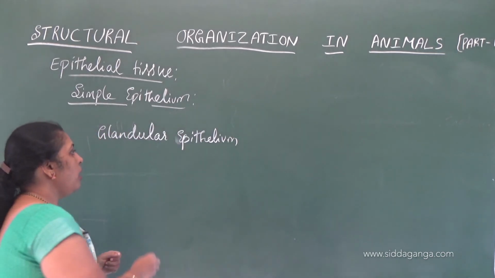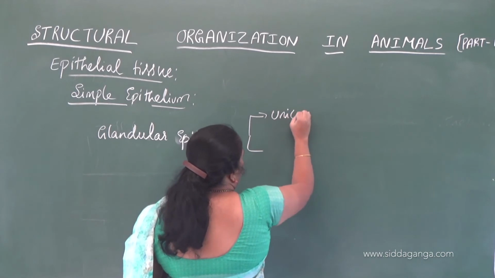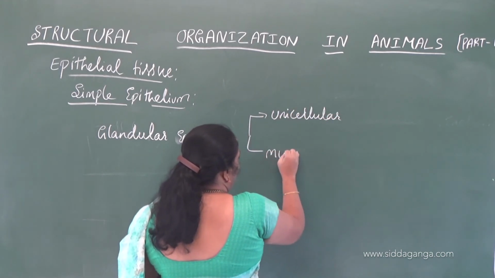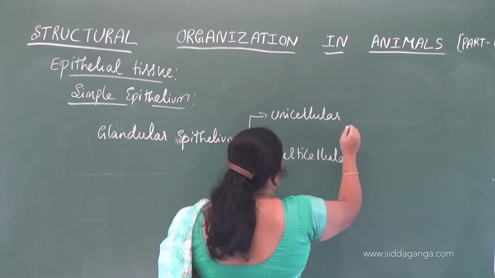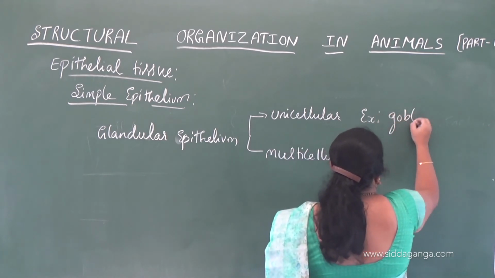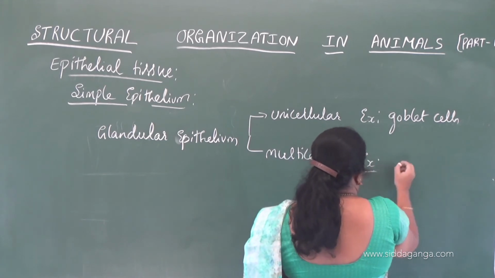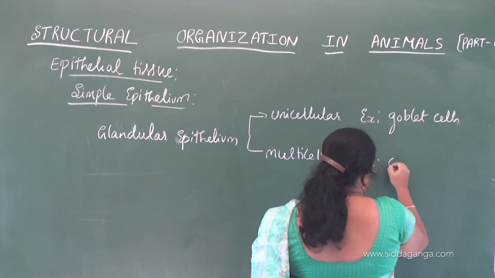In the glandular epithelium, again we have two types: unicellular glandular epithelium and multicellular glandular epithelium. For example, unicellular: goblet cells. Multicellular glandular epithelium: cells in salivary glands.